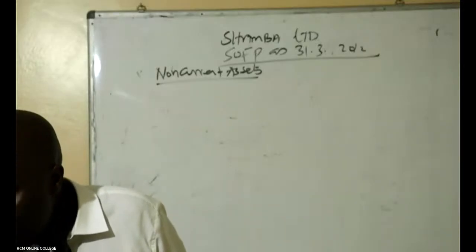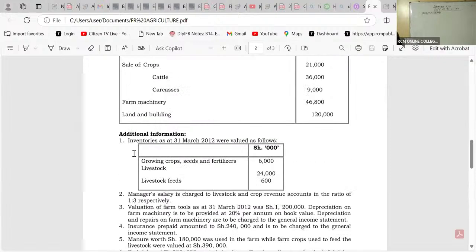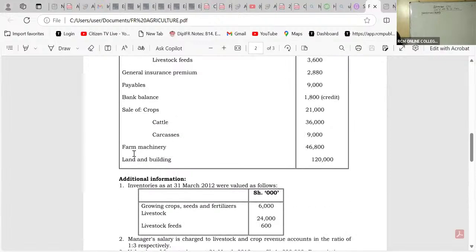Somewhere there, if I remember very well for non-current assets, I have some figure for farm machinery. The first one is farm machinery. We have a figure of 46,800, but I'm not stupid. I remember very well that there was depreciation for this farm machinery.